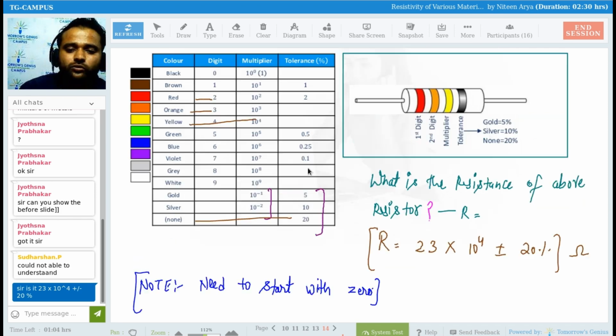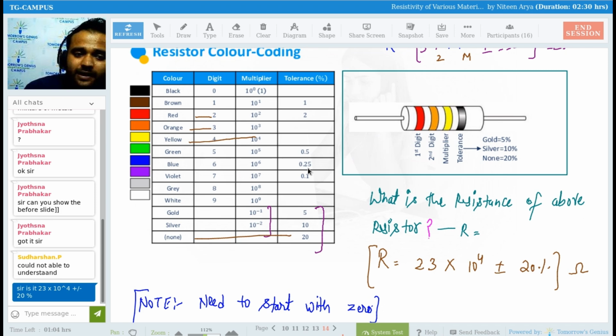And obviously, if you start with zero, you never see black here. Simple as that. If in any case black is here, that is not possible or impractical. That is a very basic thing. If I put black here, then 0 and then 2 and then 3, so the first significant figure is going to be 0.